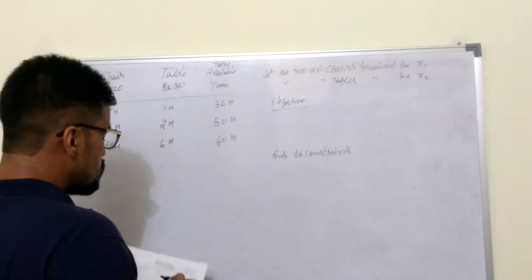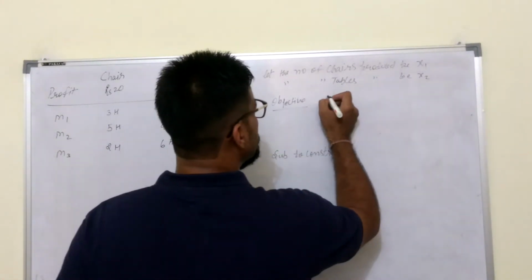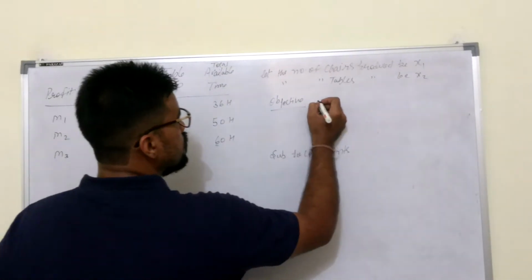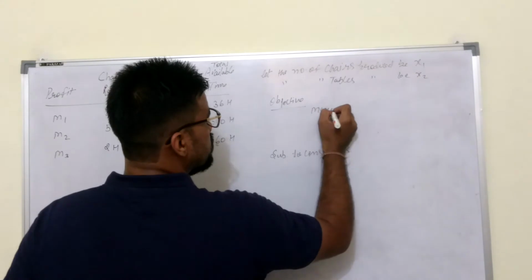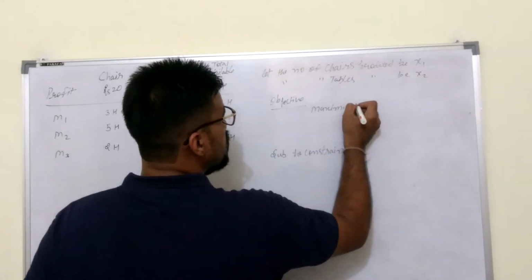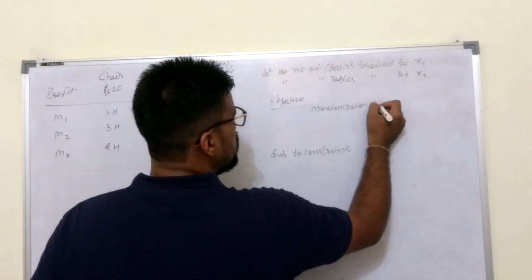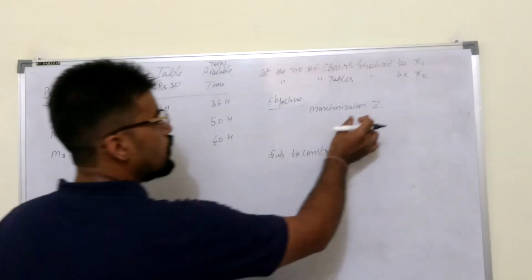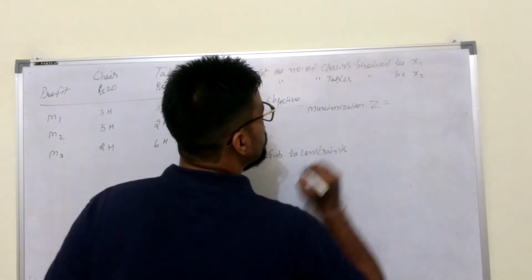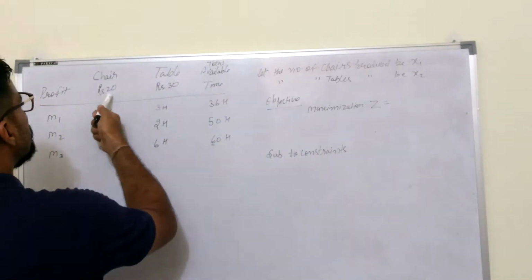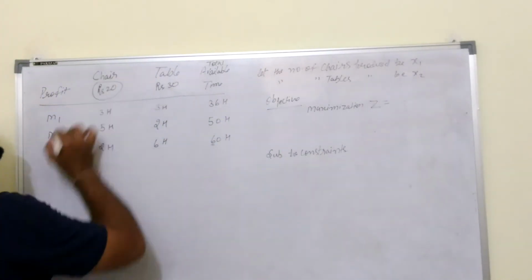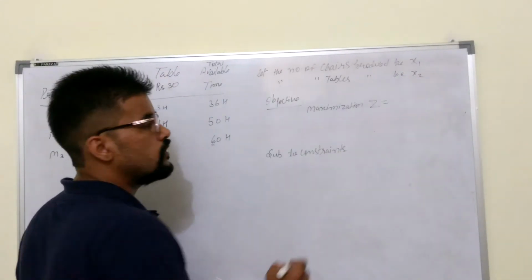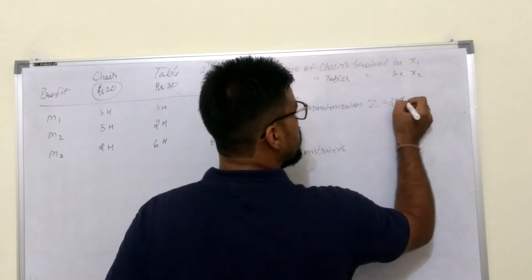So the objective function: what is our objective? Our objective is the maximization of profit, which we will denote by Z. Now what is this profit? 1 unit of chair gives you 20 rupees of profit, and you are producing x1 units, so in total it is 20x1.